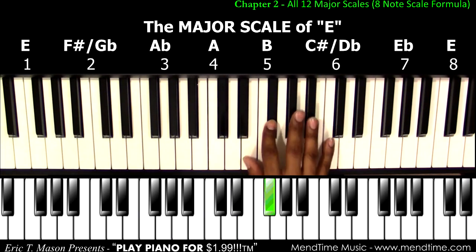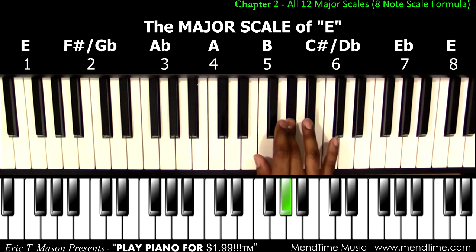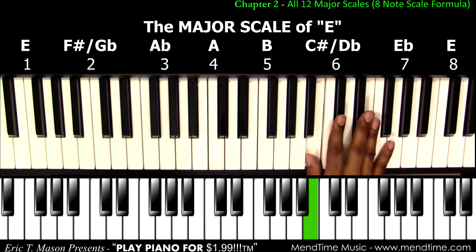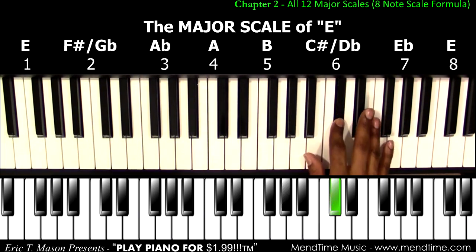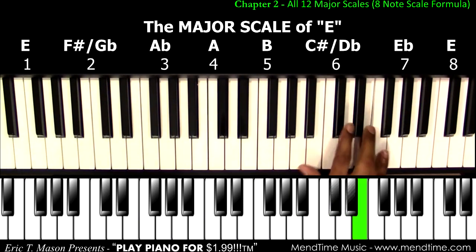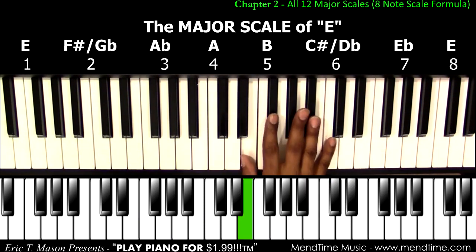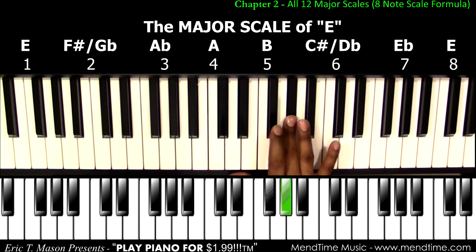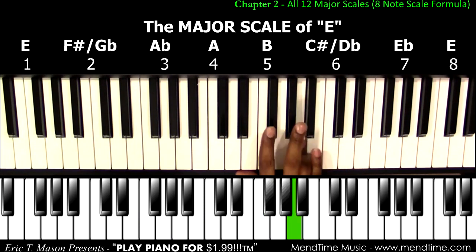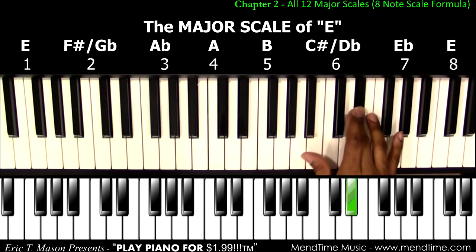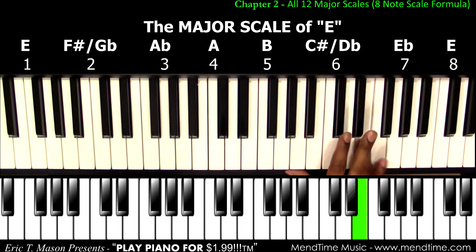E, F sharp, G flat, G sharp, A flat, A, B, C sharp, D flat, D sharp, E flat, E. One more time. E, F sharp, G flat, G sharp, A flat, A, B, C sharp, D flat, D sharp, E flat, E.